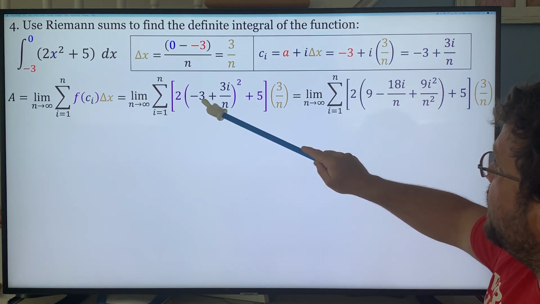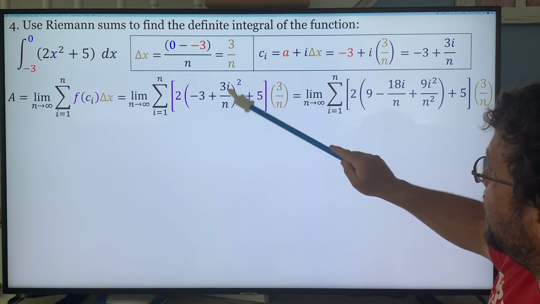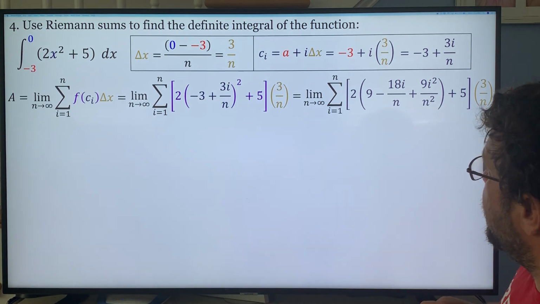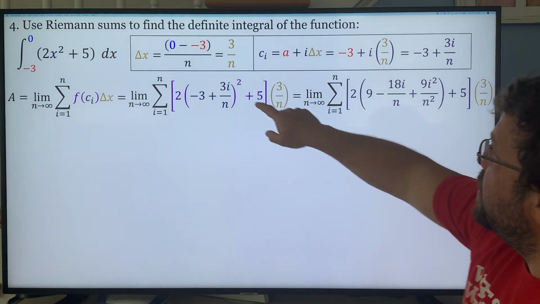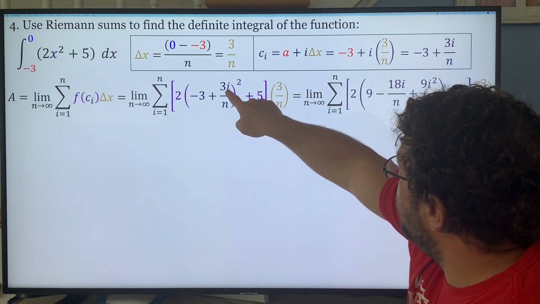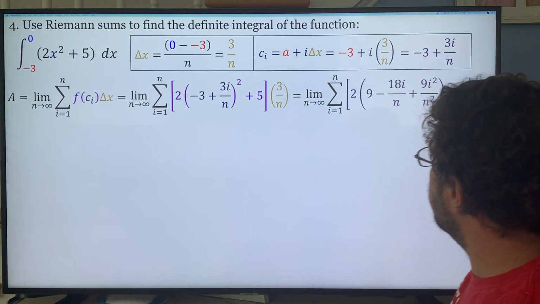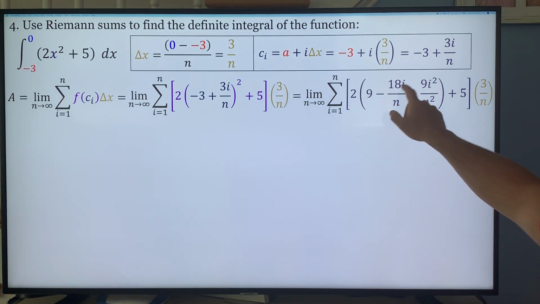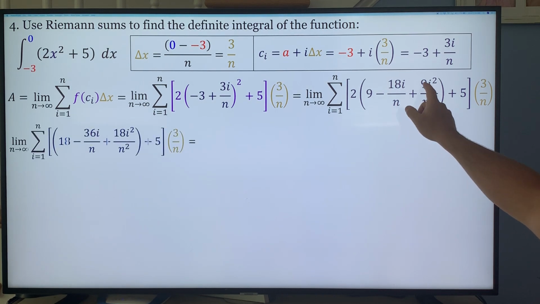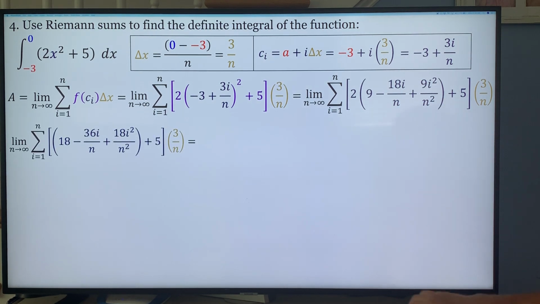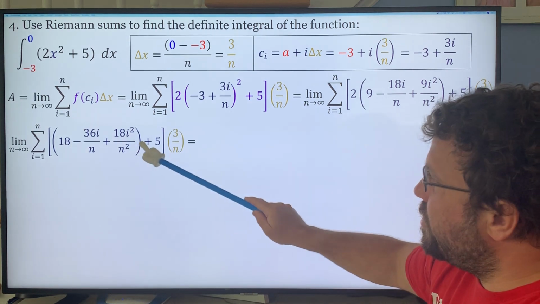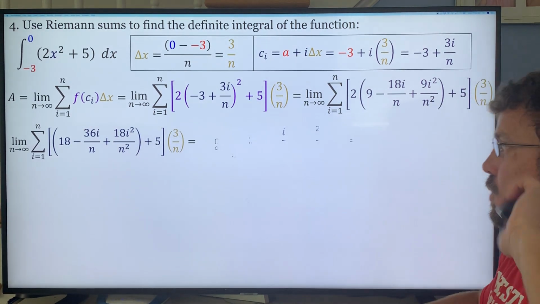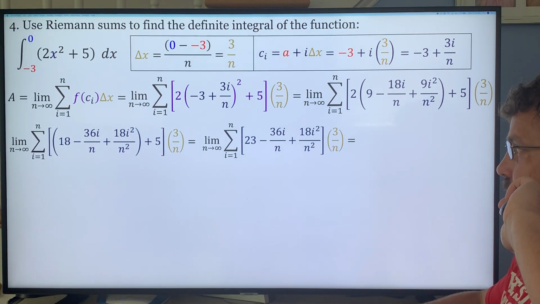This becomes 9. Then you get minus 9i over n, minus 9i over n. There's 2 of them. You square this, 3i squared over n squared, plus 5 times 3 over n. Now you're going to have to distribute the 2 into here. 18, 36, 18, plus 5. 18 plus 5 is 23, right?